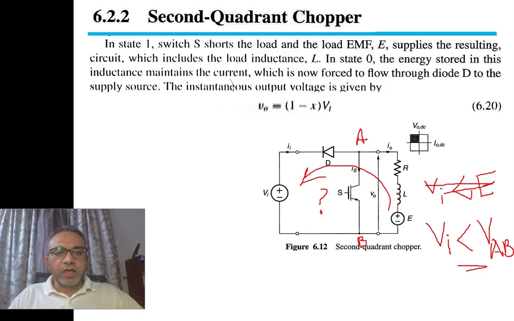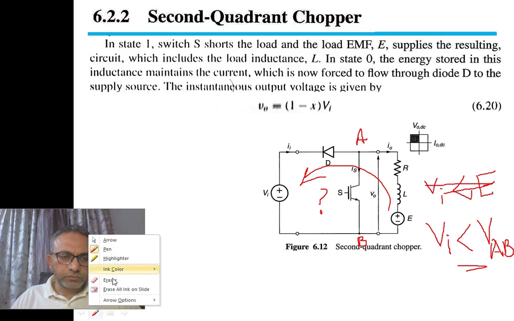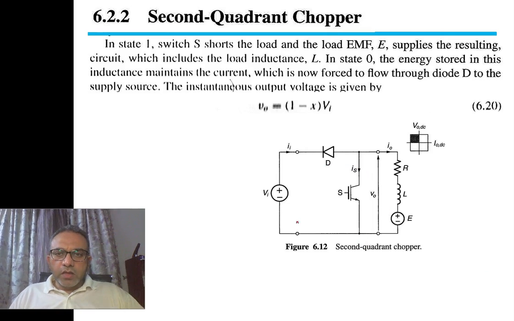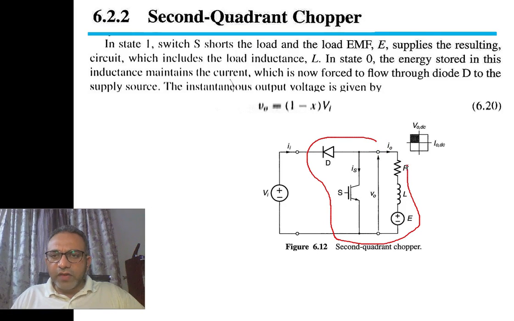How will it be larger? Let us remove the red marker. Now here we see the back EMF, inductance, resistance R, and switch S, and a reverse connected diode. If we look closer, this is the exact circuit of a DC-DC boost converter.